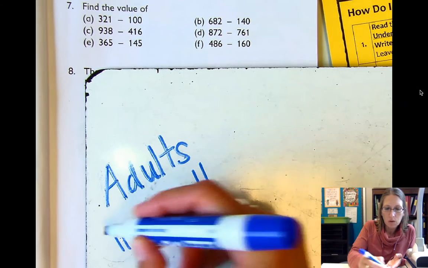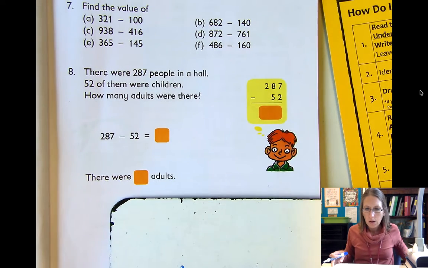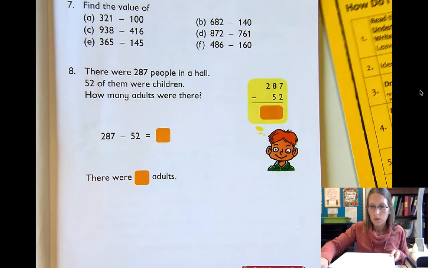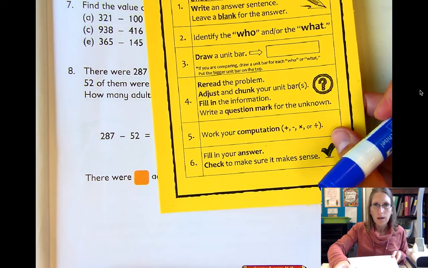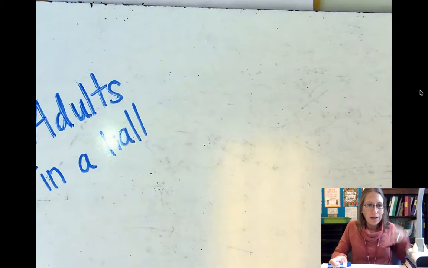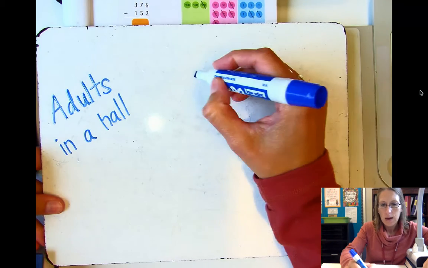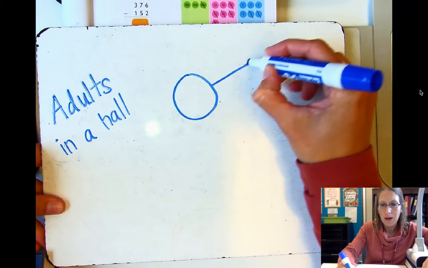So we're trying to find out how many adults there are. Okay. And then we are going to do step 3, draw a unit bar. Okay, and again, because we're still kind of just learning about unit bars, I like to do a number bond and a unit bar.